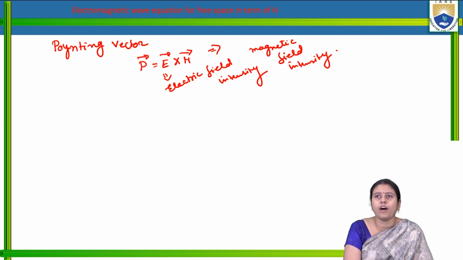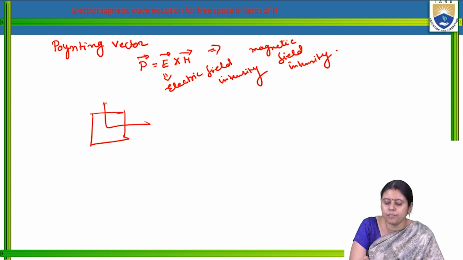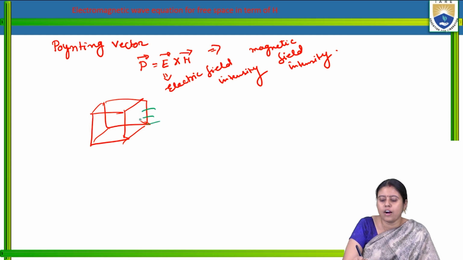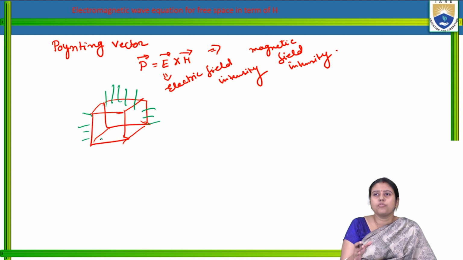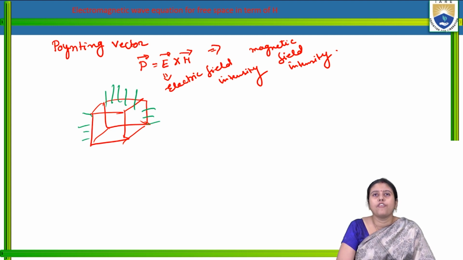And what is the physical significance of the Poynting vector? The Poynting vector tells us that if there is a volume and charges are coming out from the volume, it will be in the form of energy, and this is known as the Poynting vector.